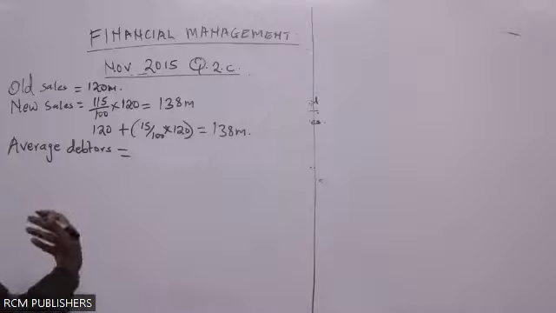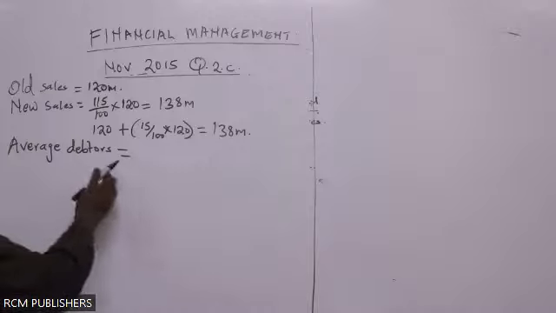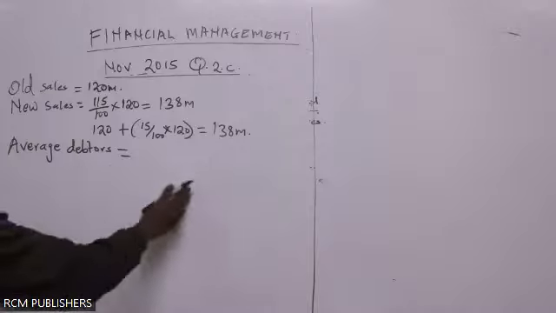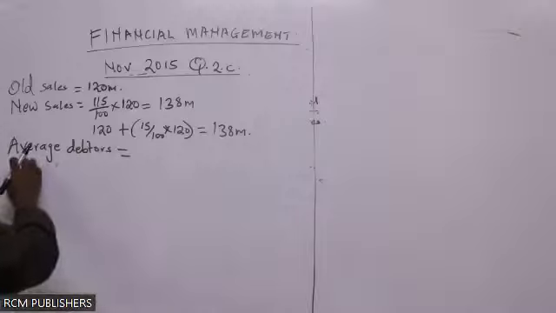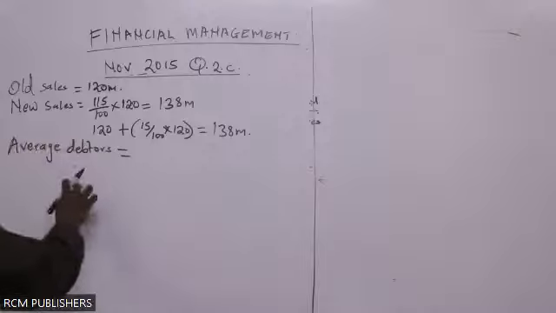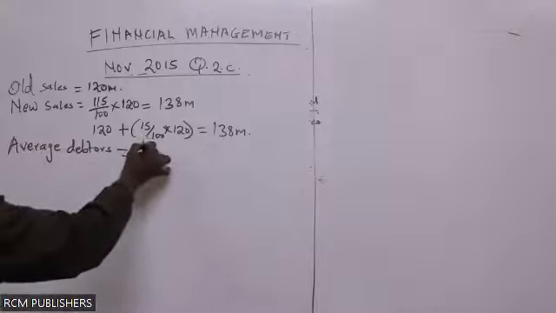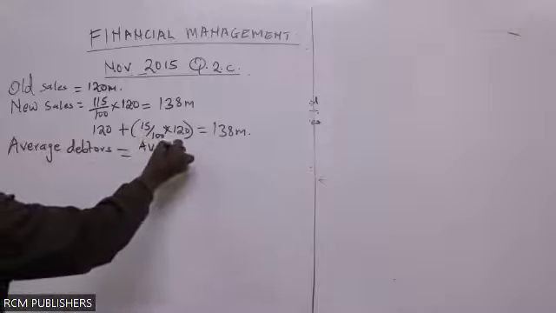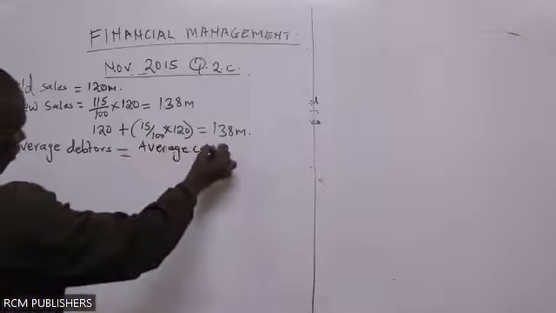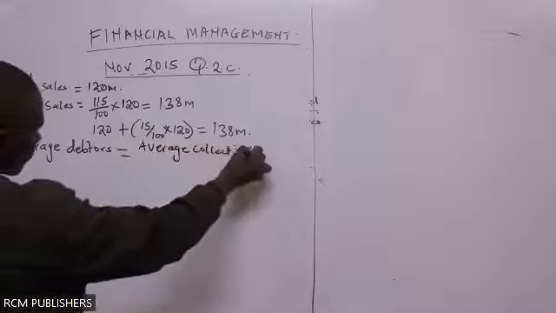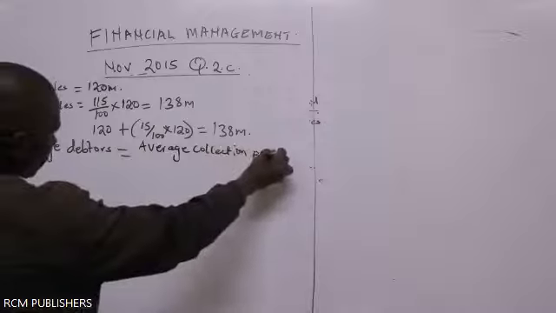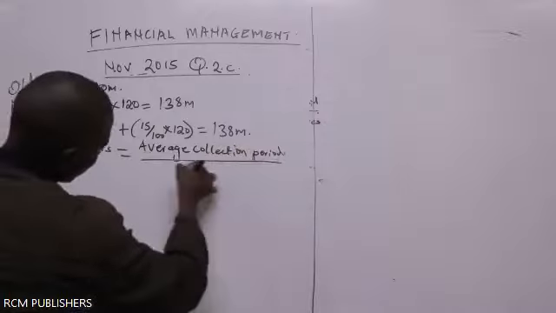The formula that I gave you is the average correction period. Let's see from that formula how we can deduce average debtors. It is average correction period over number of days.